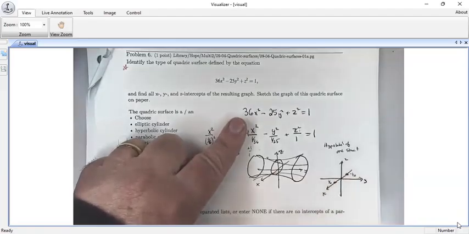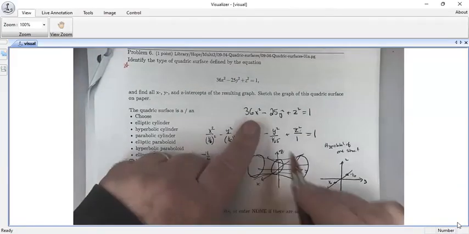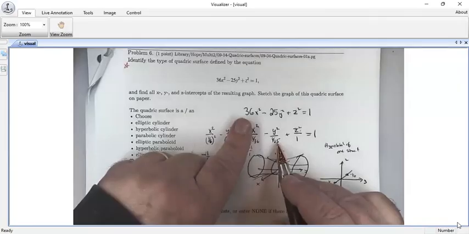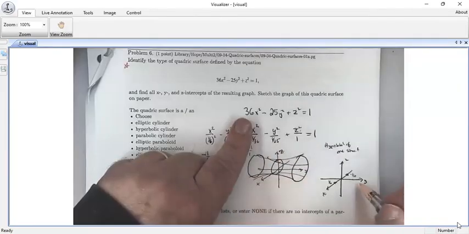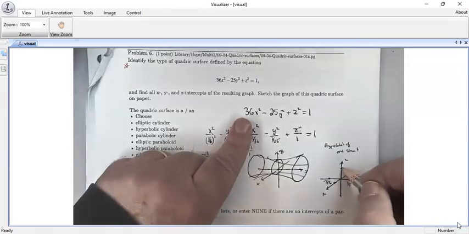That's what's going to cross the x-axis. That's your x-intercept, y and 0, 0 there. 1/25 here on the y, that's your b squared. So that's 1/5. So over here would be a dot, positive 1/5, and over here is negative 1/5. And the z squared is plus or minus, the c squared is 1. That means c is 1 and negative 1 down here.